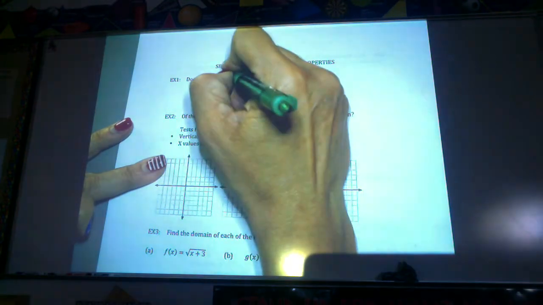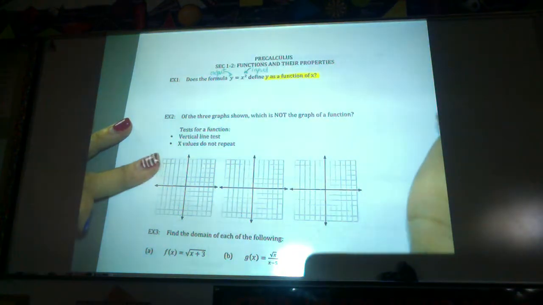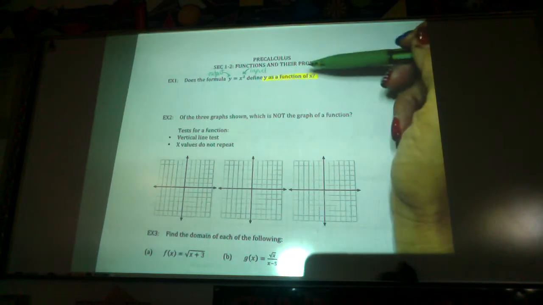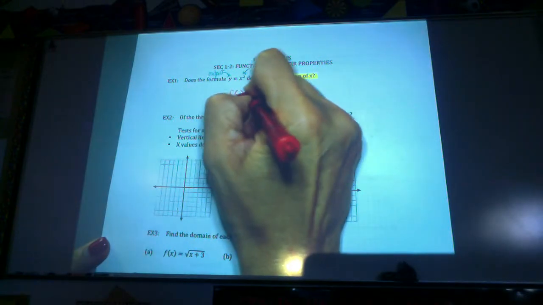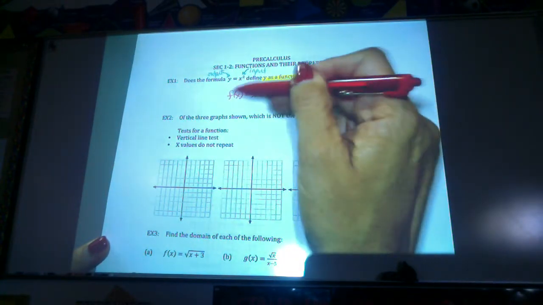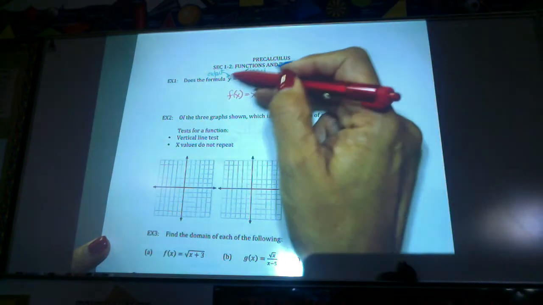The y is your output. So if y is a function of x, that can be written to where it looks like this: f of x is equal to x squared. This is my input. This is my output. So yes, y is written as a function of x.